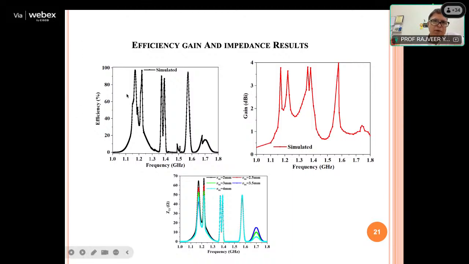This plot is showing that the L1 to L5 bands have efficiency greater than 90 percent for all bands. Initially I told you the gain of this antenna was brought to 9 dBi.